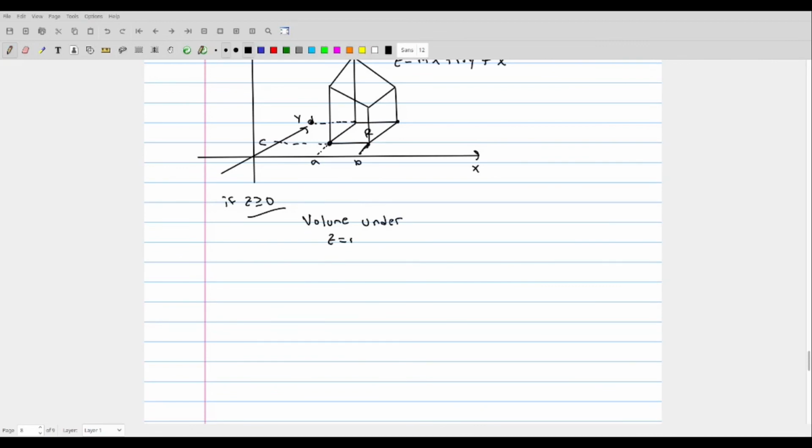then the volume under this plane, z equals mx plus ny plus L, is exactly equal to the double integral over this region.